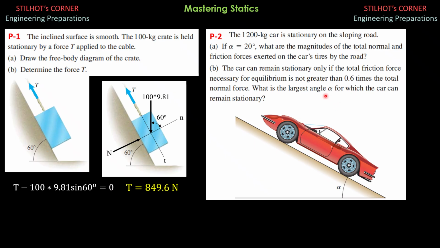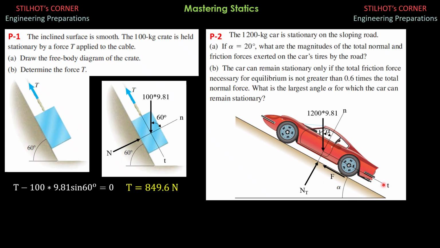And the car's weight is 1,200 times g, 9.81. This is the normal axis. The total normal force is directed in that direction. Friction force is opposite to the direction of motion, so it should be up to the left, because the tendency of this car, if it is not held by friction, would be to slide down. And this is the tangential axis.